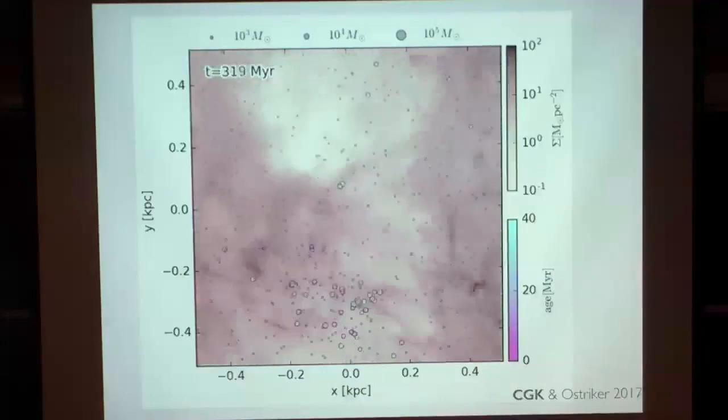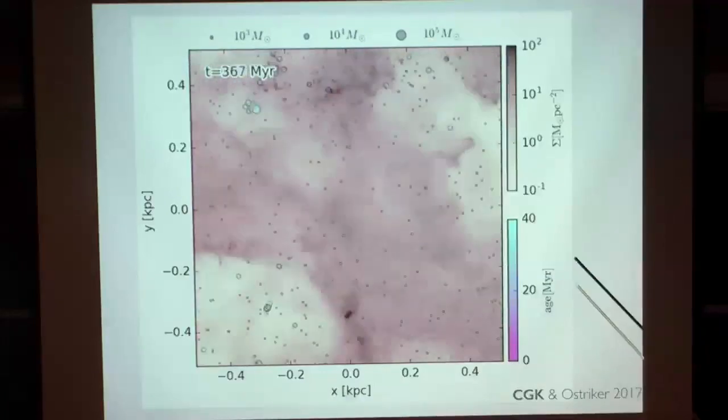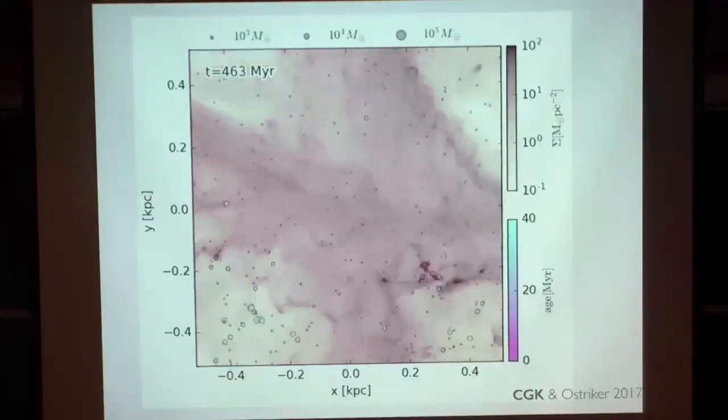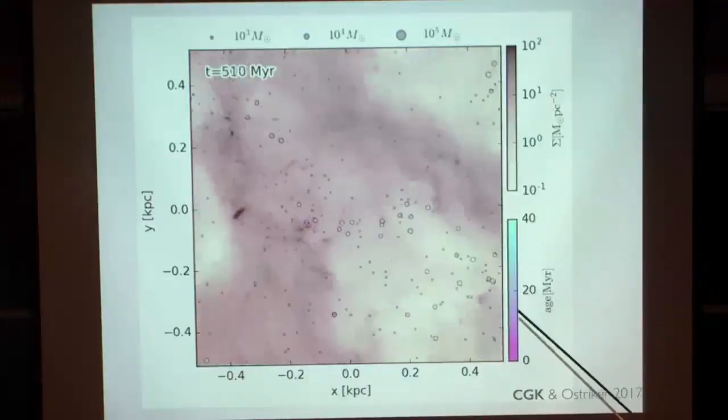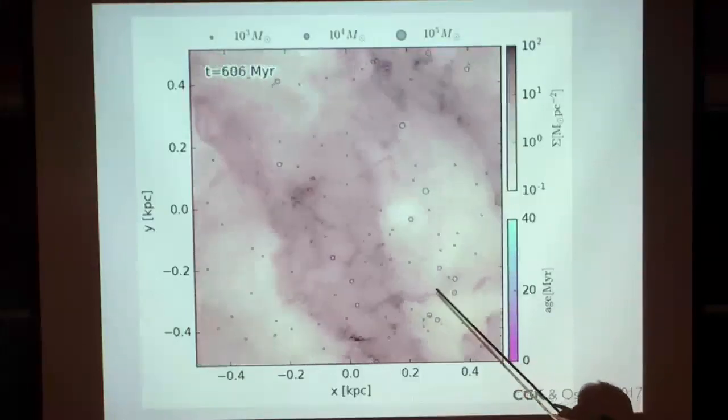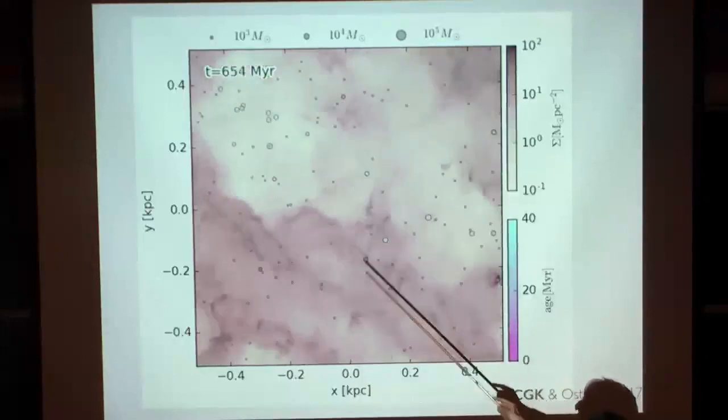Their typical mass is around 10^4 solar masses, and they form together at some point and produce big superbubbles, which quench the star formation and reduce the feedback effect, which again triggers star formation.